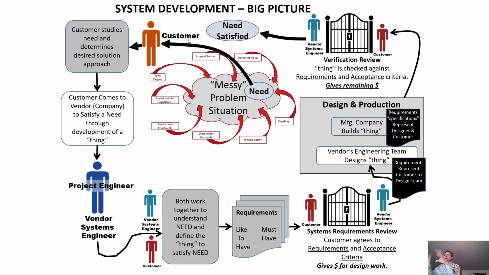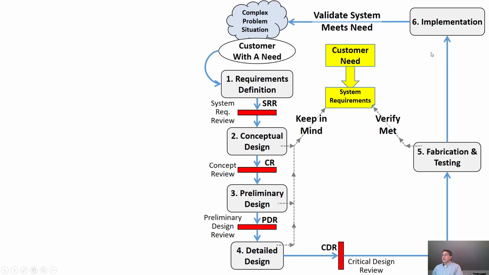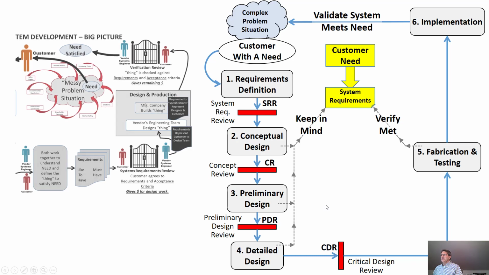So that's the big picture of how this whole designing a product works in the real world, whether it's a rocket, whether it's a car, whether it's a new biomedical device. That's the big picture of how this whole design idea really works. So from the book, you saw this representation of the traditional engineering design approach, the steps, and you read the overview of these.